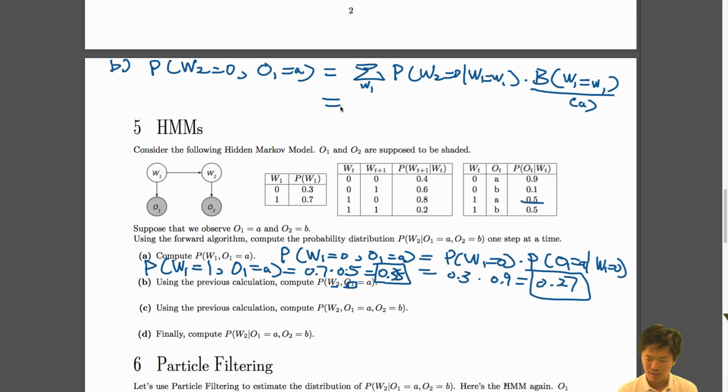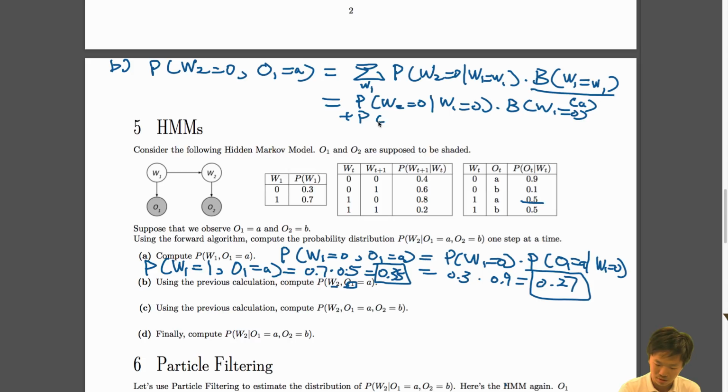So if we expand the terms, since W1 can take on value either 0 or 1, when W1 is 0, the first term is going to be the probability of W2 is 0 given W1 is 0, times the belief that W1 is 0.